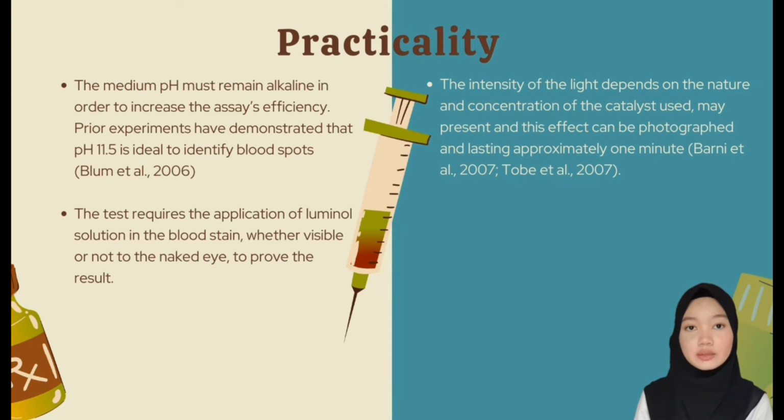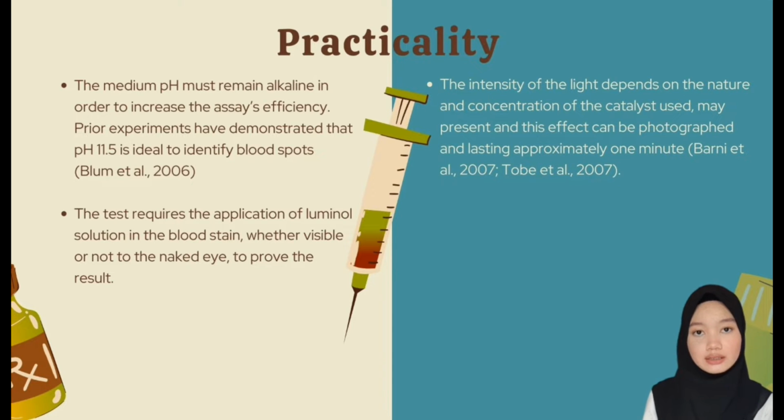Next, we will discuss the practicality of luminol tests. Firstly, the pH. Considering that pH values between 10 and 13 enable optimal conditions for the luminol reaction, the medium must remain alkaline in order to increase the test efficiency. Prior experiments have demonstrated that pH 11.5 is ideal for identifying blood spots.